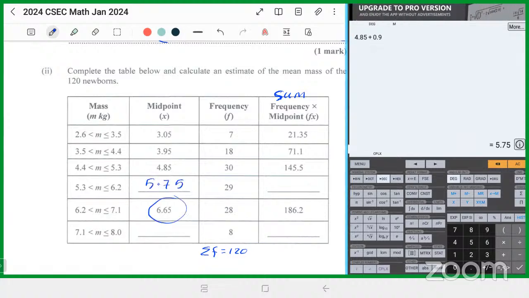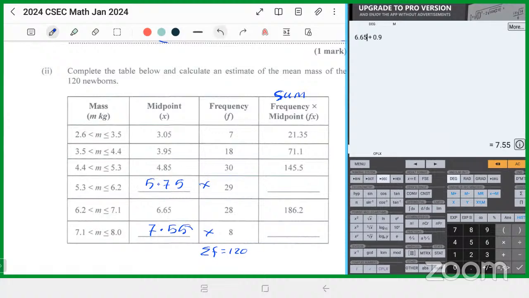Now add 0.9 to this one, and that figure is 6.65. This would be 7.55.